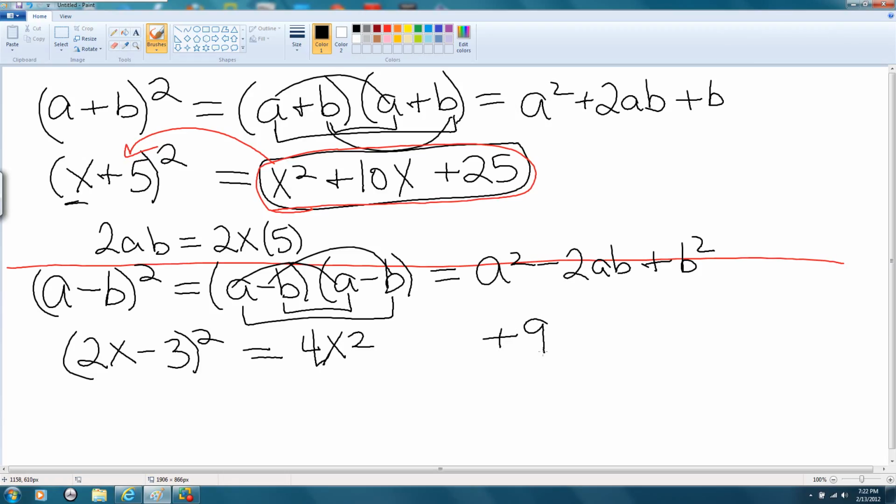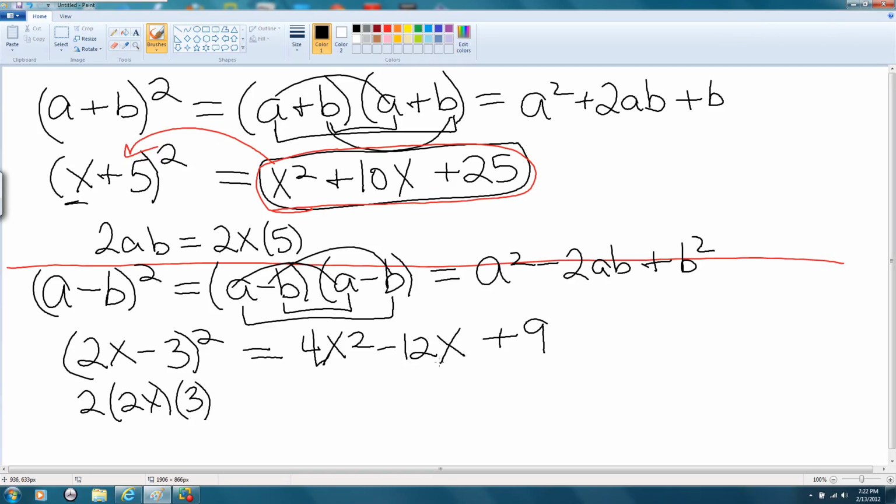The middle term is going to be 2ab, so it's going to be 2 times 2x times 3, and it's going to be minus all that. So 4 times 3 is 12. So this is going to be minus 12x.